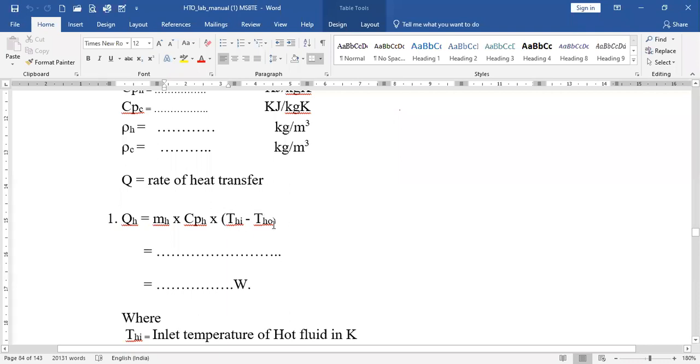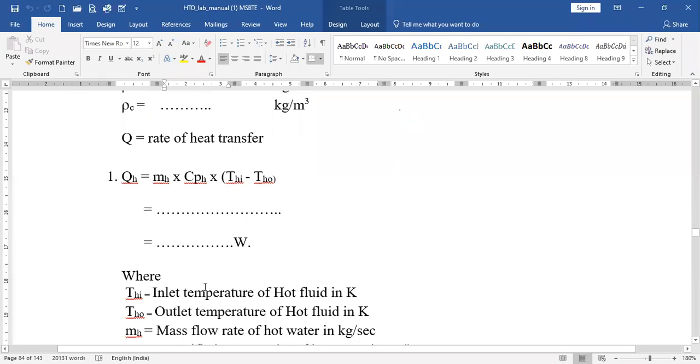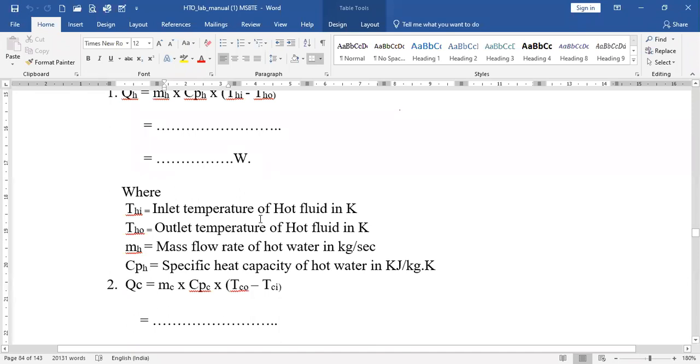Now you can recall what exactly the range is: the temperature difference of the same fluid is nothing but the range. Now we are calculating the rate of heat transfer for the hot fluid, so that is why this delta T is Thi minus Tho. The calculation should be in watt, that is nothing but joules per second, right? So we have already mentioned what Thi, Tho, mH and Cph are.